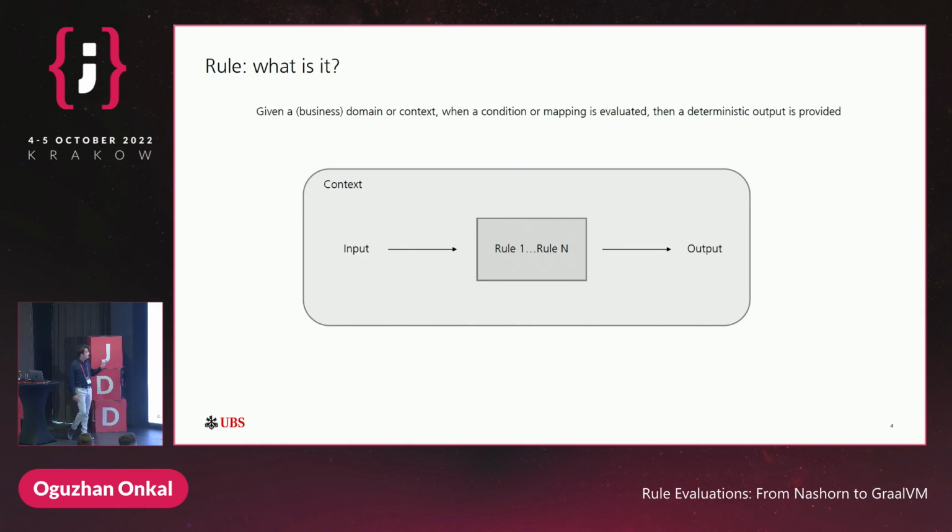The rule here is really, given a business context, when a condition or this mapping is evaluated, we would like to get a deterministic output. So let's say I have some rules and a given input. Each time I execute the same rule with the same input, I should get the same output. That's what we can define.